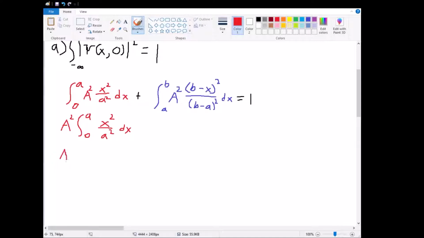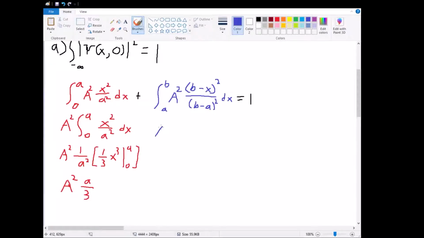Then we get A squared times 1 over a squared times 1/3 x cubed, with limits from 0 to a. So therefore this equals A squared times a over 3.